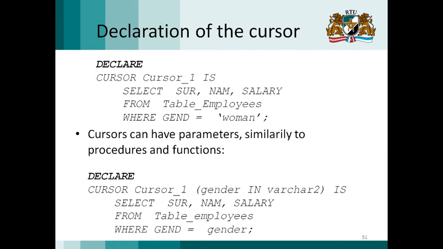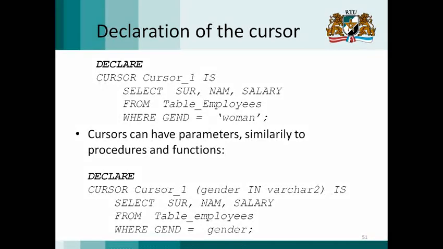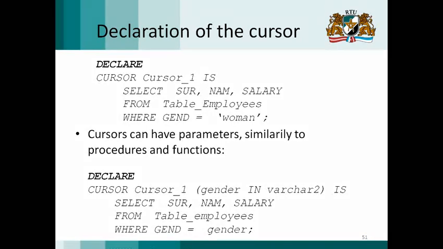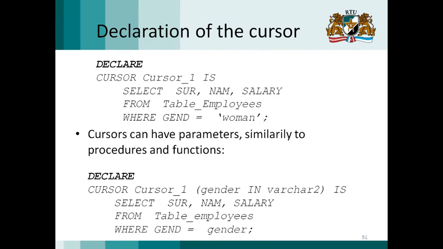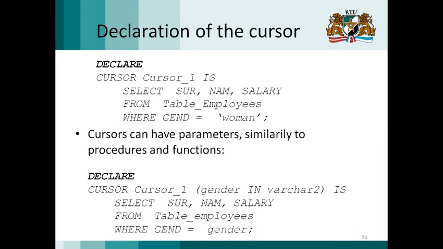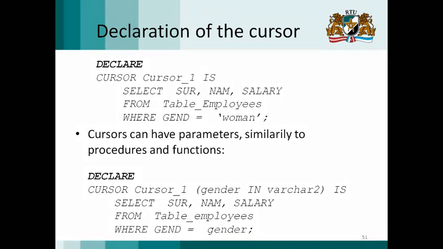And in this example, we select surname, name, and salary from table employees, where gender is not equal to woman, as in this case, but we choose this gender from the parameter. So when we are calling this cursor, we can write woman or man or maybe some other gender as this parameter.